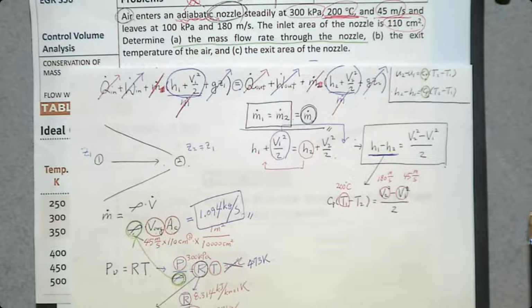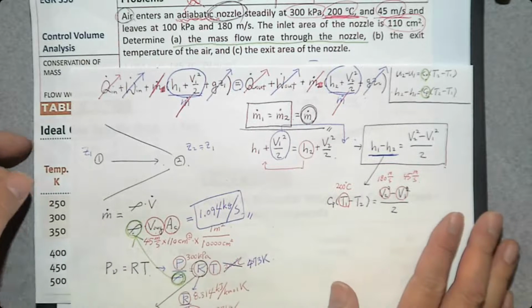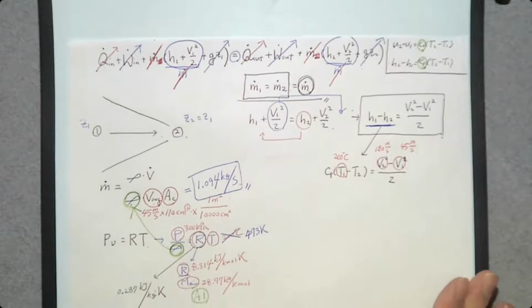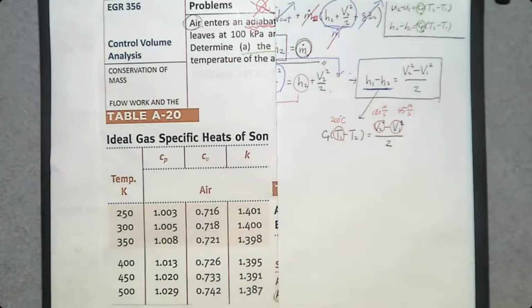So we have temperature and the two velocities. So if you know the specific heat Cp, we can determine the final temperature. So then how can we determine this Cp? We can go to table A20. If you go to table A20, you can determine Cp of air.